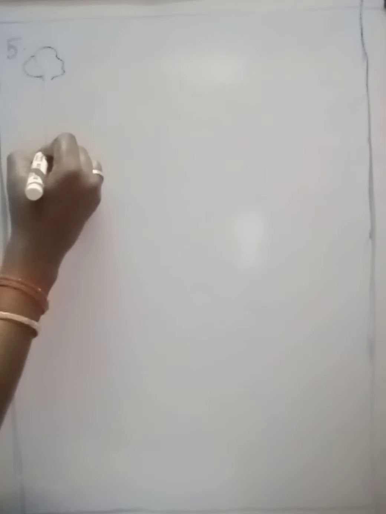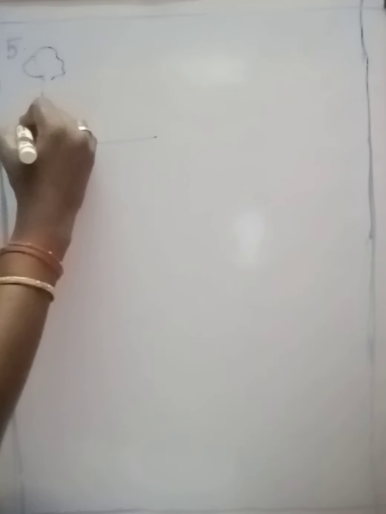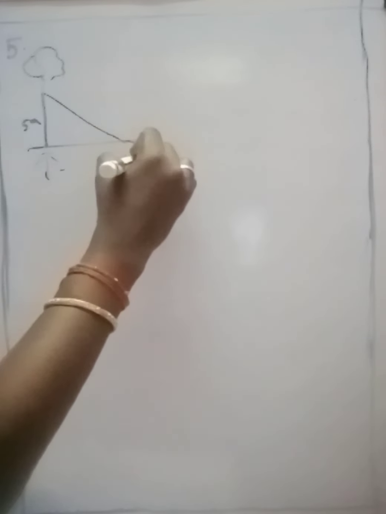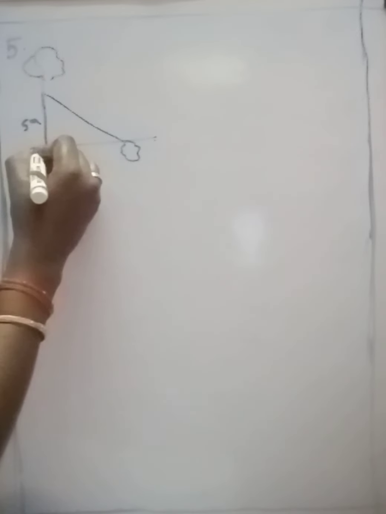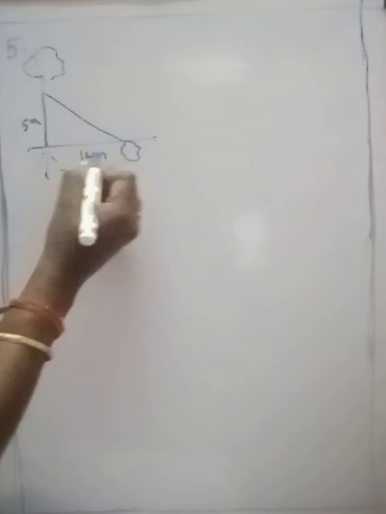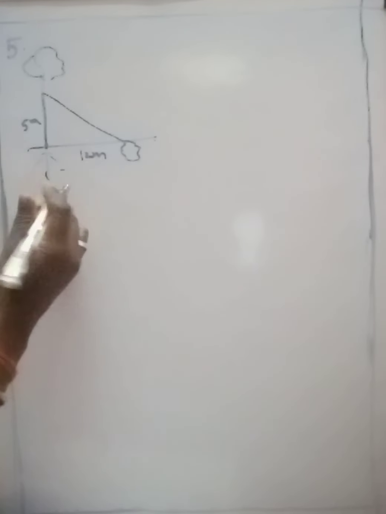Okay, children, this tree is broken at a height of 5 meter and the top of the tree touches the ground level, and the top of the tree is 12 meter from the base of the tree. This is the base of the tree.